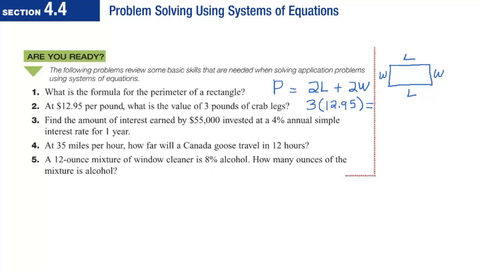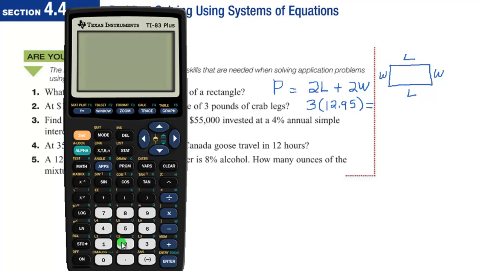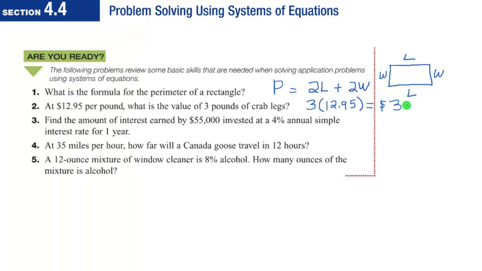And so now this is a calculator problem here. 12.95 times 3. So $38.85 for the crab legs. Okay, $38.85. Don't forget your units.